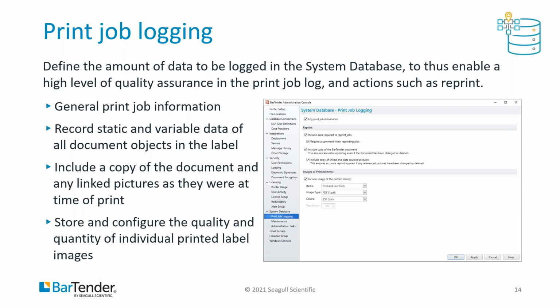So it's not as simple as looking at particular records and deleting records, making use of SQL Server Management Studio, for example. In fact, we recommend that you don't use such tools unless, of course, you know absolutely what you're doing. But for the purpose of the question there, that's not really something that is possible. Instead, you should use the built-in tools in BarTender. And we'll look at that in just one moment.